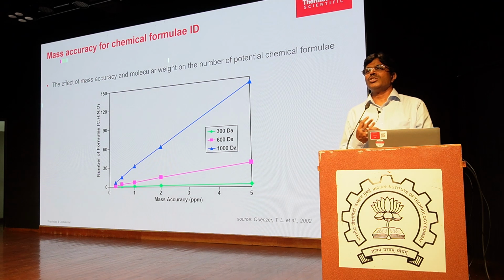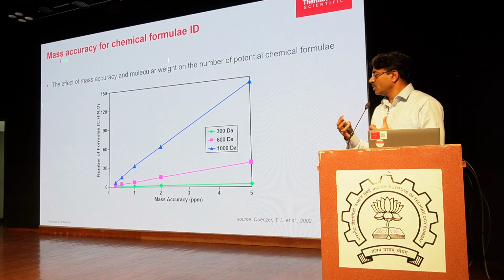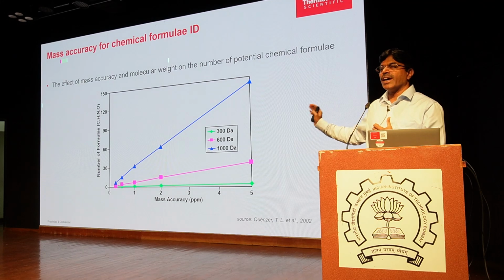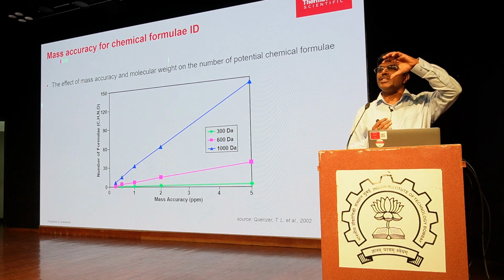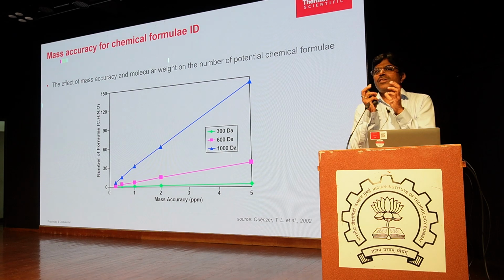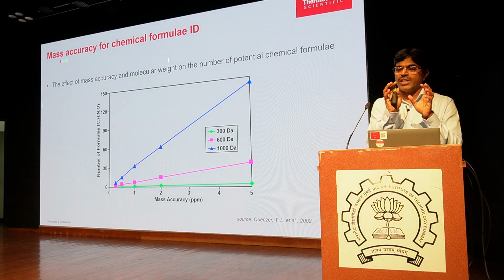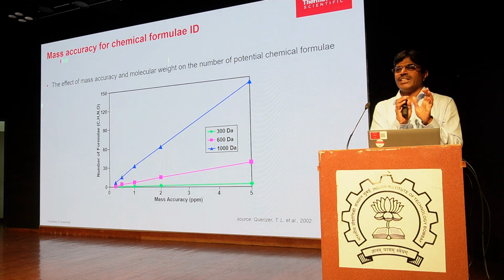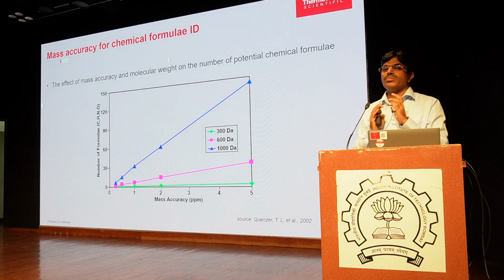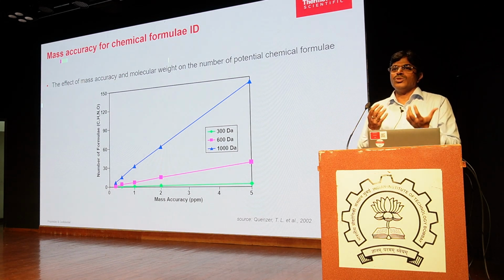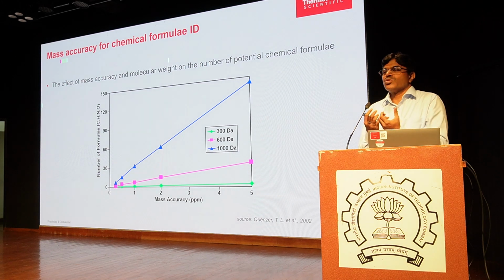When I am analyzing unknown samples, where I don't know what my sample is, the lower the mass accuracy value, below 1, the number of possible formulas is drastically reduced. If I have 4 or 5 ppm, the number of proposed chemical formulas is huge, so the analyst or chemist has to deal with so many molecules.